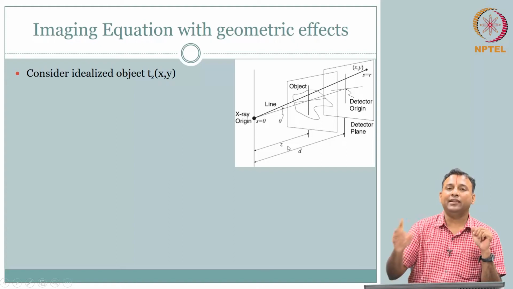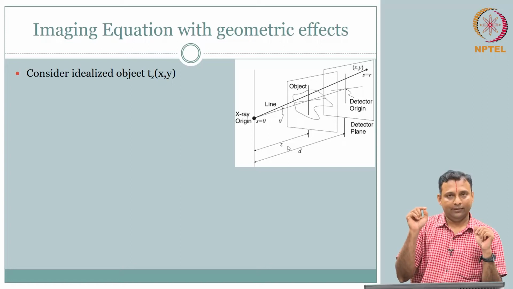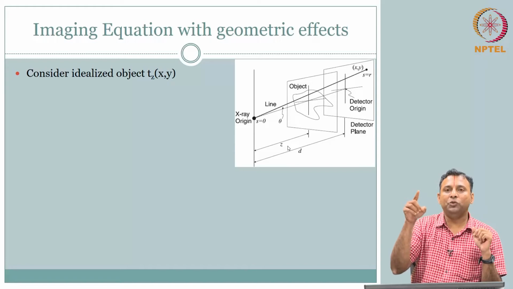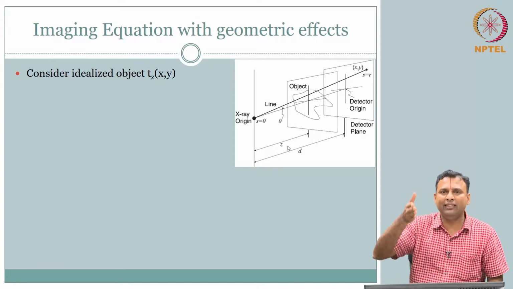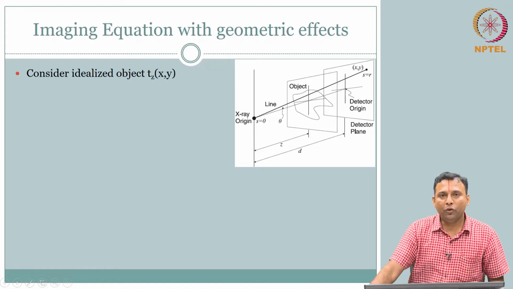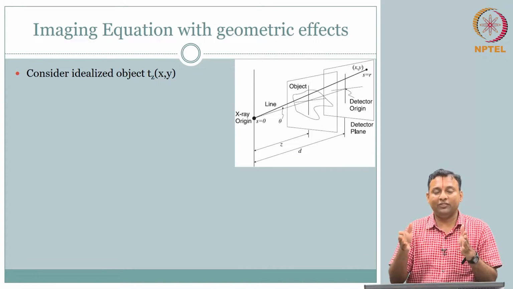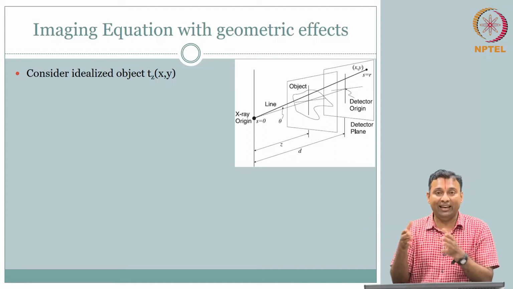Instead of writing e power minus mu delta x, I can make that whole e power minus mu delta x a factor. So I can have an ideal thin object where the distribution is mu delta x, mu into delta x. If you have a third dimension, we had mu into path length over it. Instead of dealing with that, I am collapsing that.